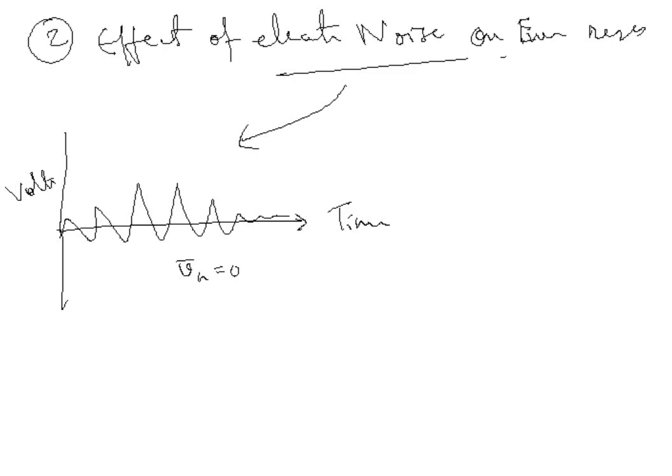However, if the noise is present, then the noise voltage variation, or you can say noise pulse, will be superimposed on the pulse produced by the particles. Let me show you the graph.